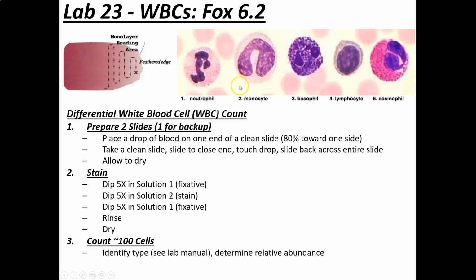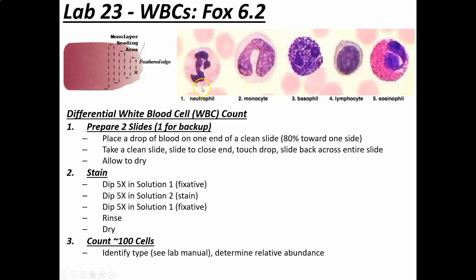So looking at a mnemonic from anatomy that most people learned and probably even remember, you go from the most numerous to the least numerous white cells. And you have a little mnemonic: never let monkeys eat bananas. And so that's from the most to least numerous in terms of the percentage of white blood cells.